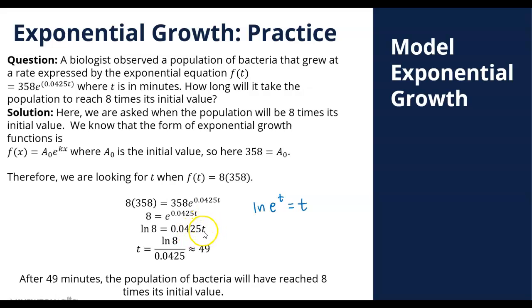Then, since we just want to solve for t, we can divide both sides of the equation by the coefficient of t. Therefore, t is equal to ln 8 over 0.0425, and that is approximately equal to 49. So we conclude that after 49 minutes, the population of bacteria will have reached 8 times its initial value.